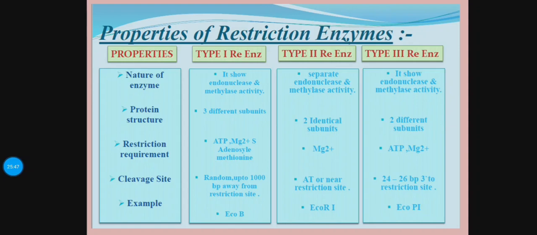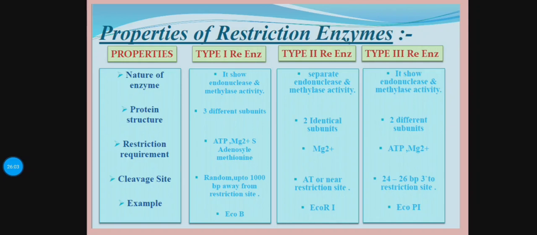In case of the cofactor required for full activity, type 1 restriction enzyme requires ATP, Mg2+ and S-adenosylmethionine, type 2 requires only Mg2+ for full activity, and type 3 restriction enzyme requires ATP as well as Mg2+.